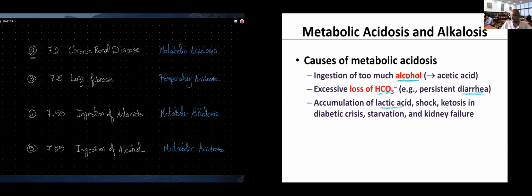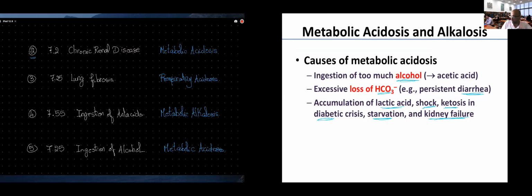Accumulation of lactic acid in shock, ketosis, like keto acids, like in diabetic crisis, starvation, and kidney failure. All those can result in accumulation of acids and metabolic acidosis.